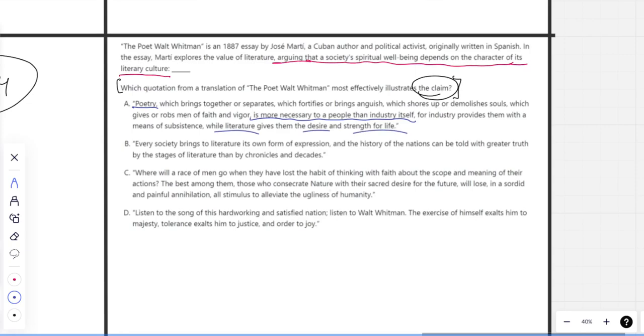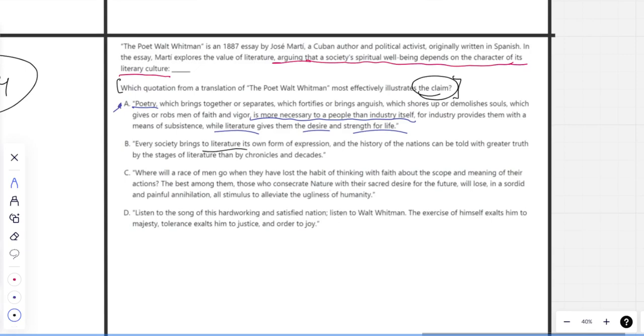That definitely seems like it correlates to society's well-being, even though I didn't see the exact word spiritual. The main gist of this one is that it's helping society strengthen itself using literature. So I'm going to mark that one for now, but we can take a look at the other ones just to make sure that none of these work.